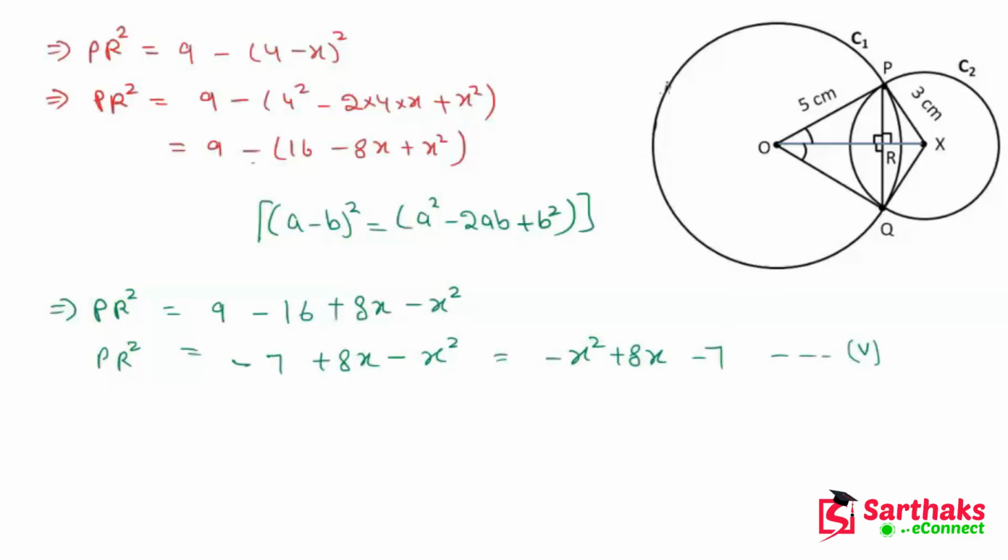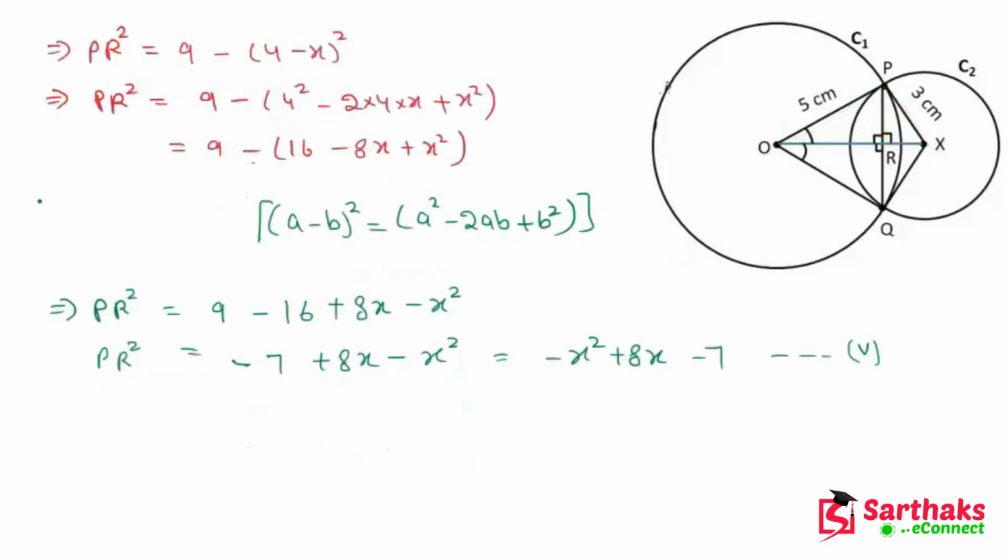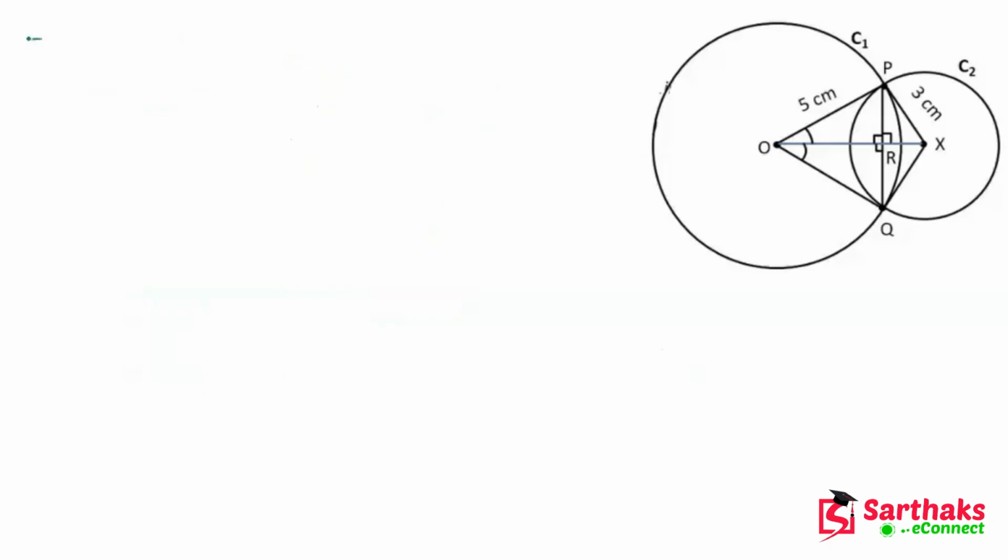Now from the 4th and 5th we can compare, because here is the 4th equation. We have PR square is 25 minus x square, and here we have PR square is minus x square plus 8x minus 7. So from equation 4 and equation 5 we can write 25 minus x square is equal to minus 7 minus x square plus 8x.